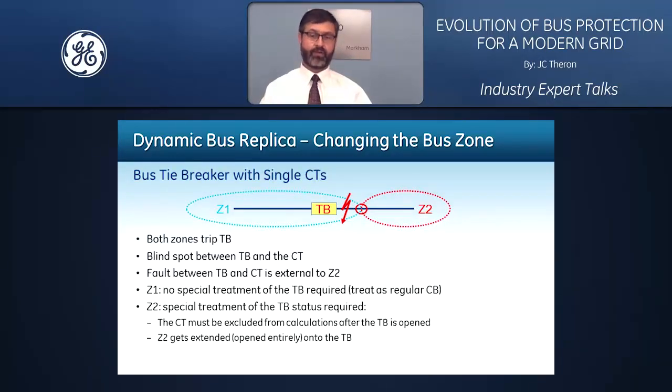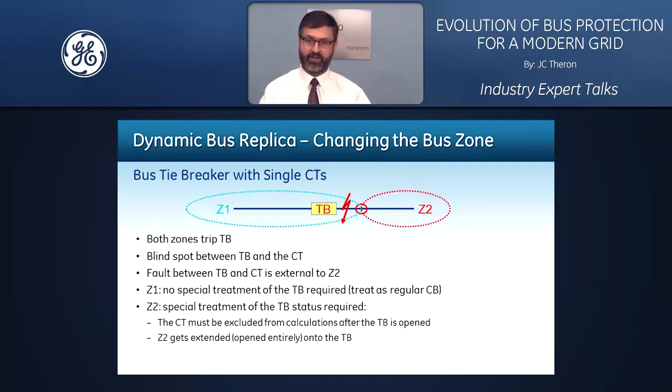However, let's have a look at this case: in some transmission applications, for economic reasons, only one CT might be available. So in this case, both zones must still trip the tiebreaker. However, there is a blind spot between the CT and the tiebreaker, specifically in this area. So in other words, we'll have to do something special in this case. Now, for zone 1, no special treatment is necessary.